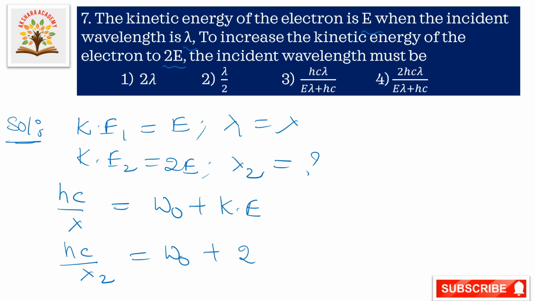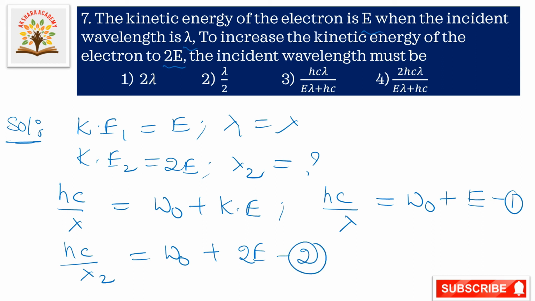And next we are writing this first equation as Hc by lambda is equal to W naught plus E. This is equation number 1 and this is equation number 2.